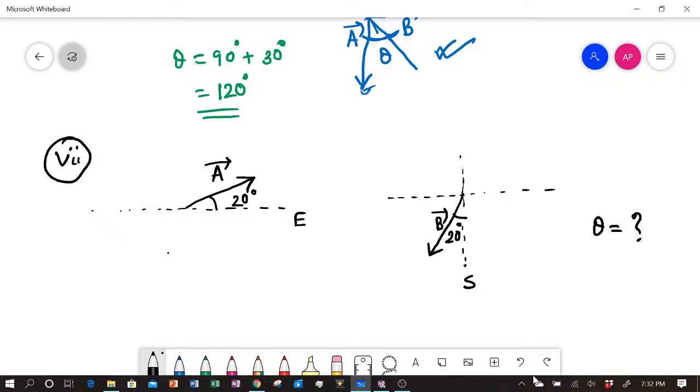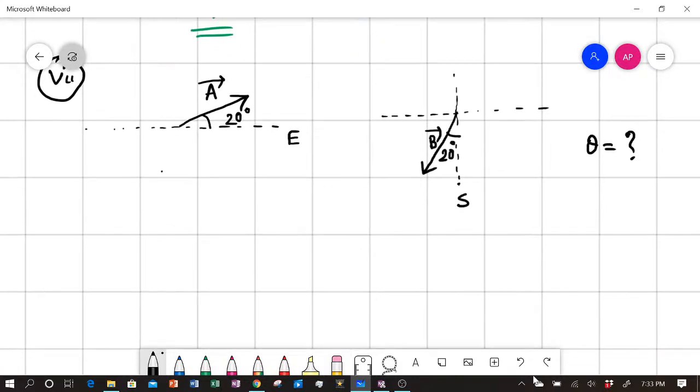So Ravi's answer is 130 degree. Anyone else? Muskan's answer is 130 degree. Okay, anyone else? Should I proceed?